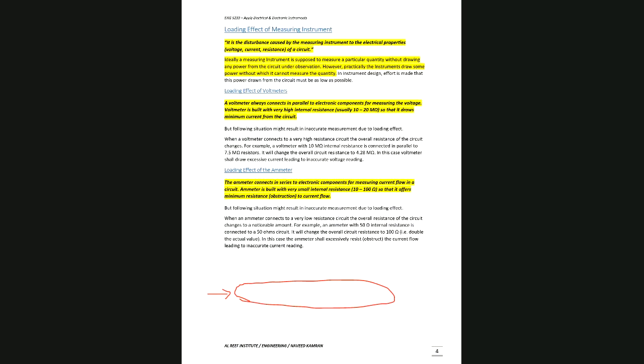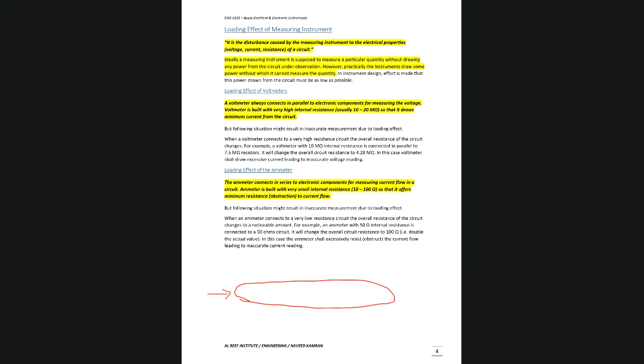So 50 ohms is stopping the current. If you add one more 50 ohm resistance in series in the shape of the ammeter, then it will reduce the current flow by half. So if you are getting, for example, 1 ampere, the actual reading should be 2 ampere, but your ammeter has loaded the circuit. This only happens when you are using an ammeter on a circuit whose resistance is very low.